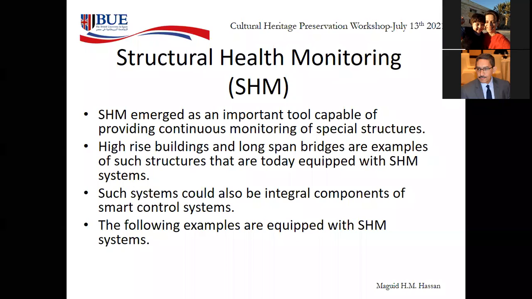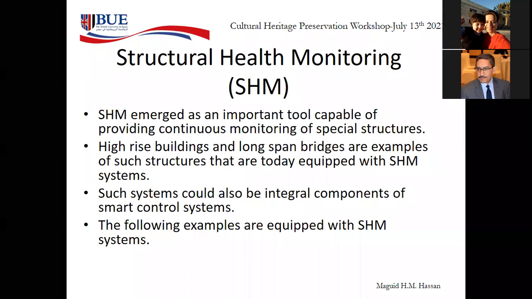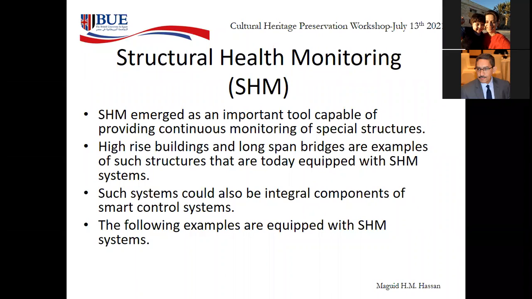So when we talk about structural health monitoring, it's an important tool now. It's being introduced in all new structures that have certain characteristics, for example, high-rise buildings and long-span bridges, and such tools would provide some level of continuous monitoring of these structures to ensure healthy performance throughout their years of service or lifetime.